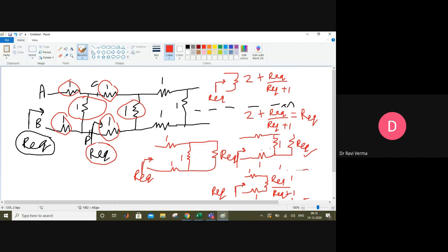Any doubt? No, sir. 1 plus root 3. Yeah, the answer does not matter, logic matters. Logic is clear to all of you. Yes, sir. Good. So suppose the resistance R has a value of 2 ohms. What will be the answer? Instead of 1, replace all the values with 2 ohms.